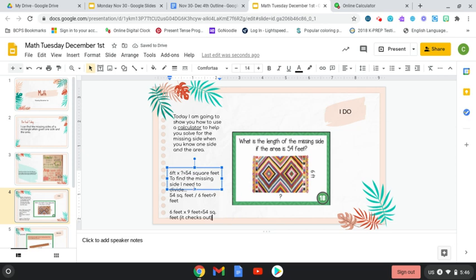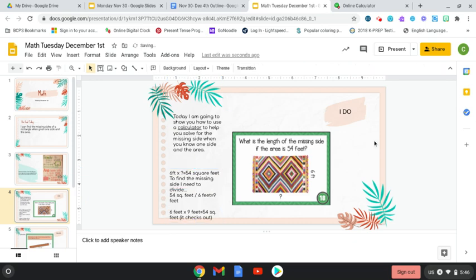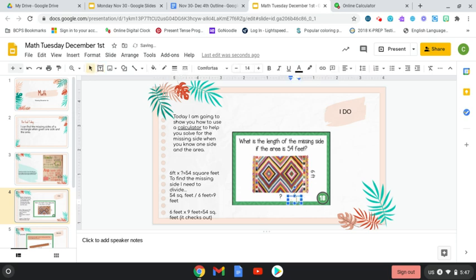So if I am going to find the missing side, and they've already given me the area, I divide the total area by the other side, and I'm going to find the missing side length. So this missing side length here, and I'm going to add another text box just to show you what I'm saying, is 9 feet.